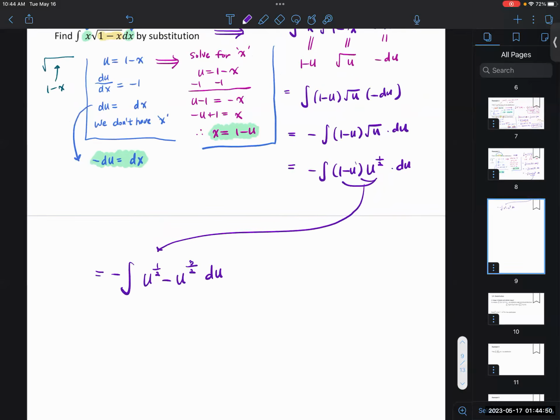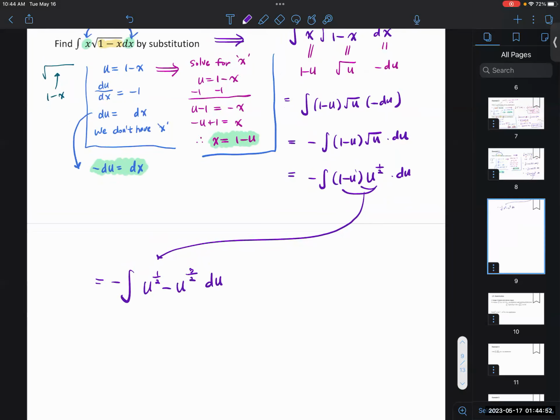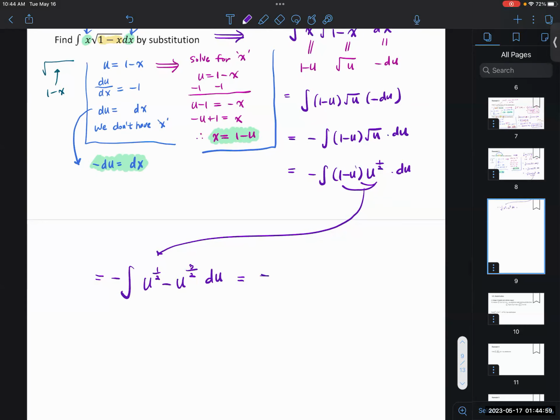I'm going to keep simplifying further. This means now you can take the integral: negative, u to the 1 over 2 plus 1 divided by that exponent 3 over 2, minus u to the 3 over 2 plus 1 over 5 over 2. Beautiful. Am I okay?